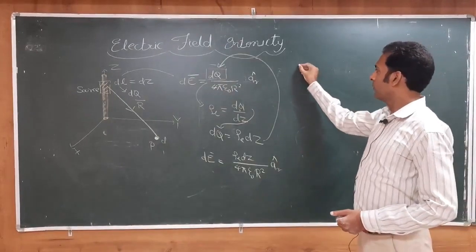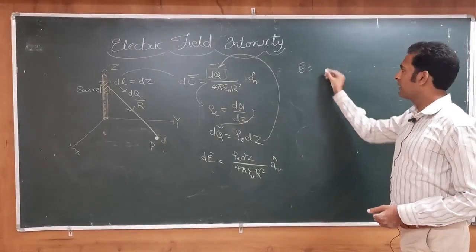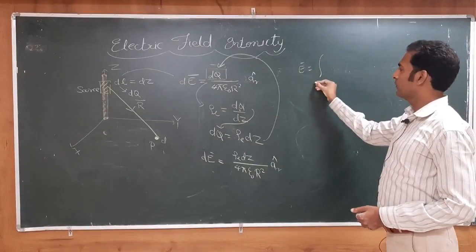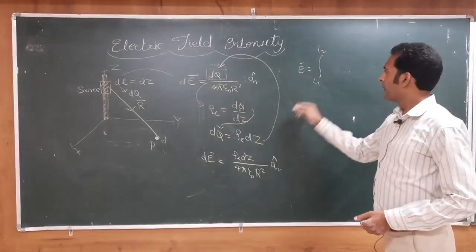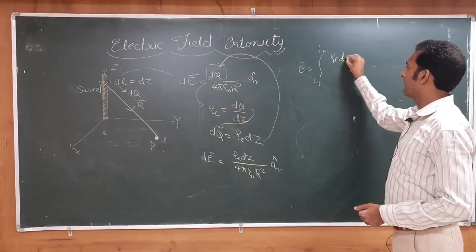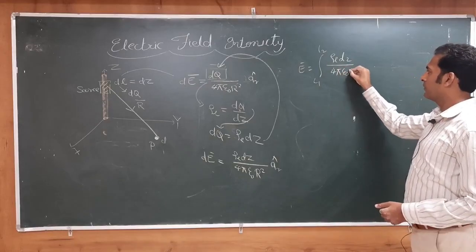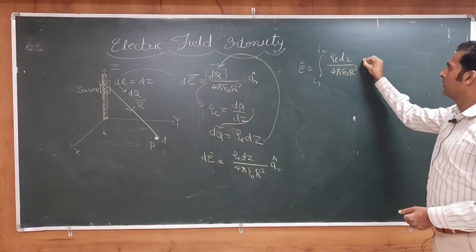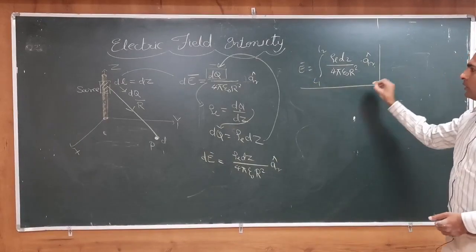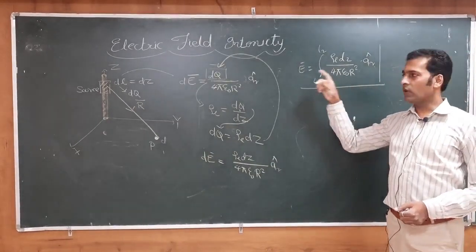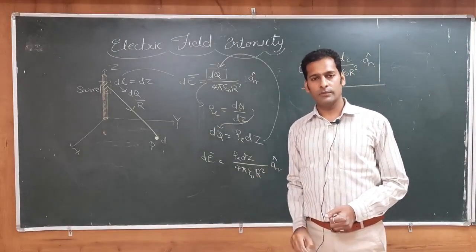So, the modified formula for electric field intensity can be given as the integration from length 1 to length 2 of rho L dz by 4 pi epsilon naught r square into ar cap. This is the generalized formula for electric field intensity due to line charge distribution.